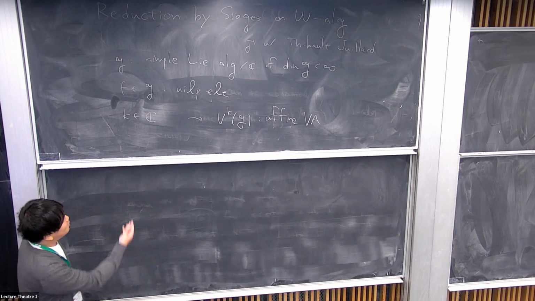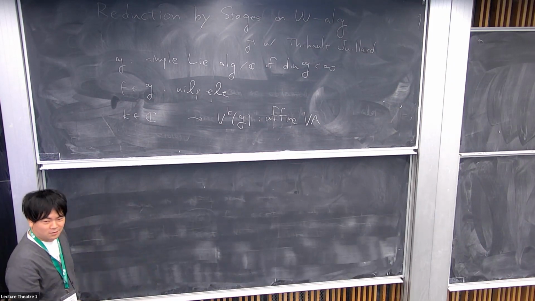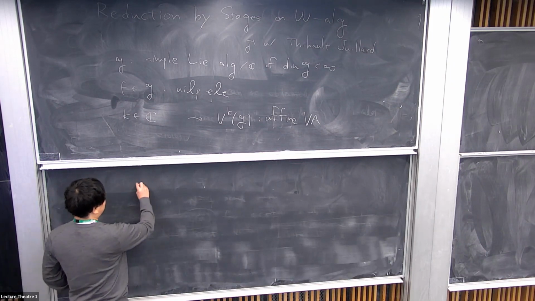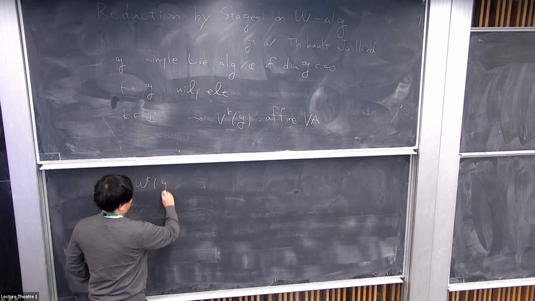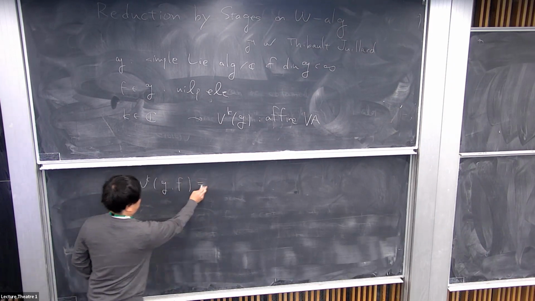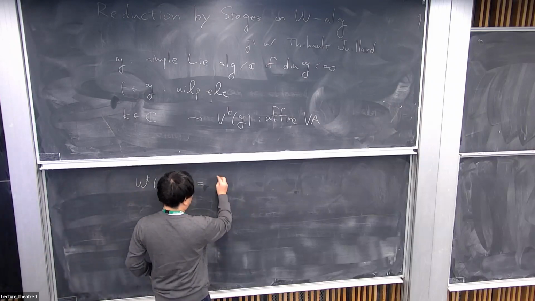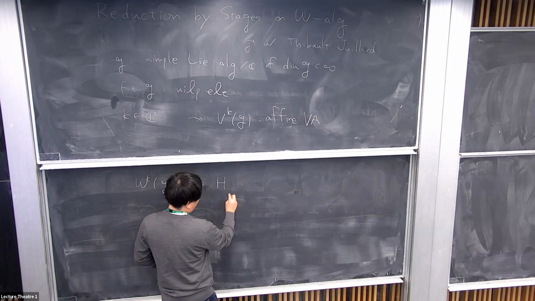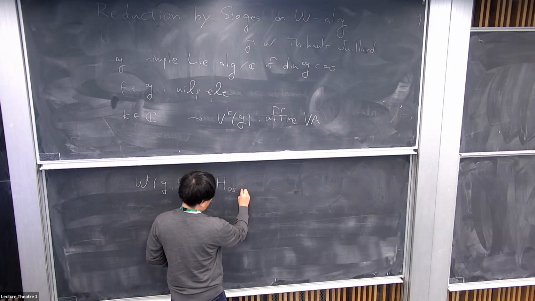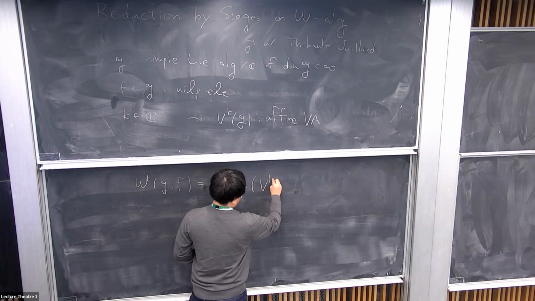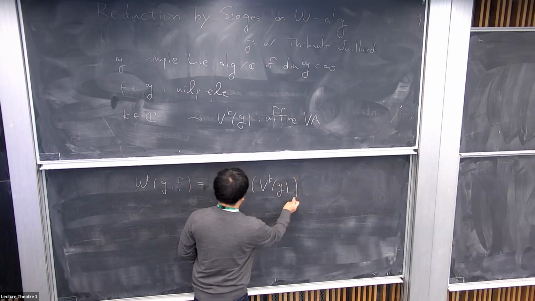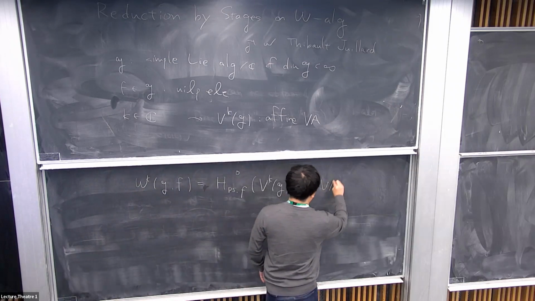Then using this affine vertex algebra, introduced in Tomoyuki's talk, I want to define the W-algebra, as in the talk of Willing. We can define it by BRST reduction, or the generalized Drinfeld-Sokolov reduction, of our affine vertex algebra.